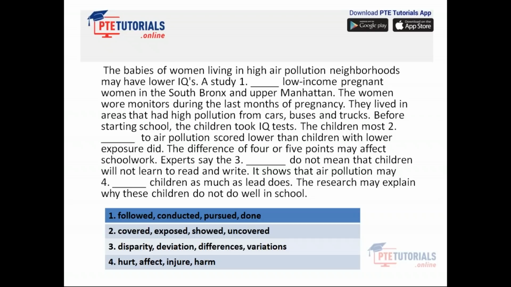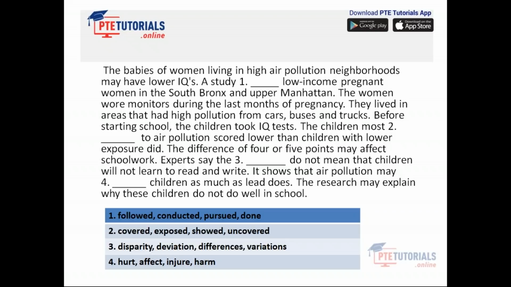Then number 3. I want to tell you today one thing that is really very important, and we generally ignore it. You know, when I was appearing for this exam, even I felt the same thing, and many times you also have felt it, but you don't apply that thing regularly when you are doing your practice for reading blanks, whether it is reading and writing or reading fill in the blanks.